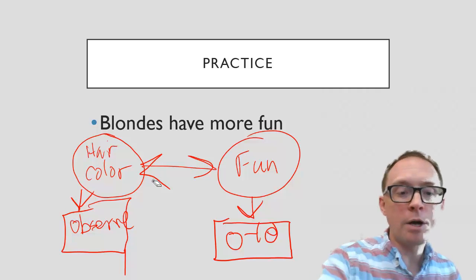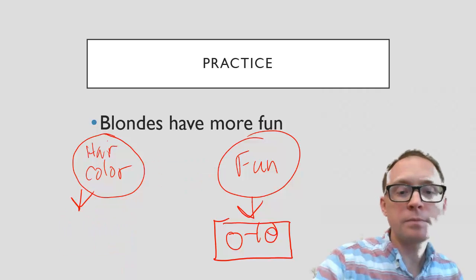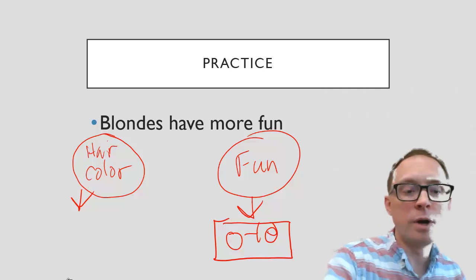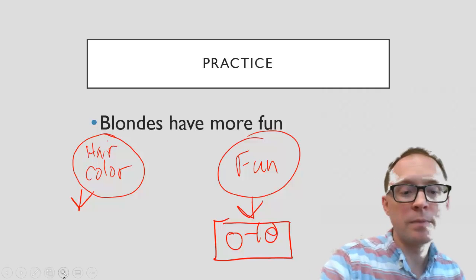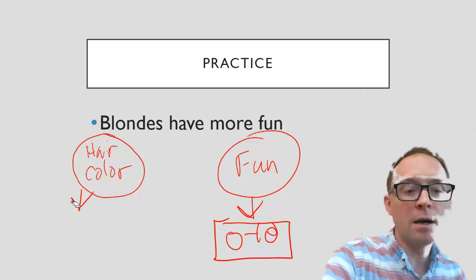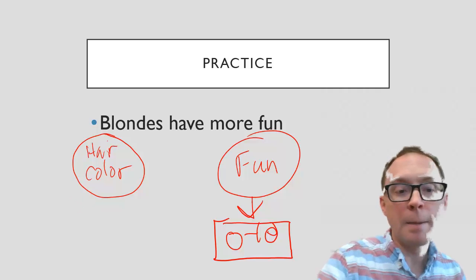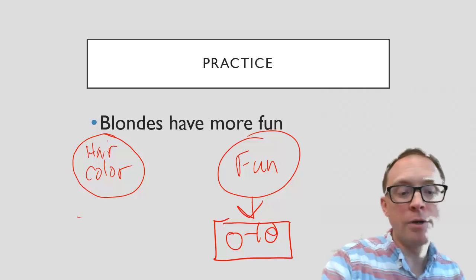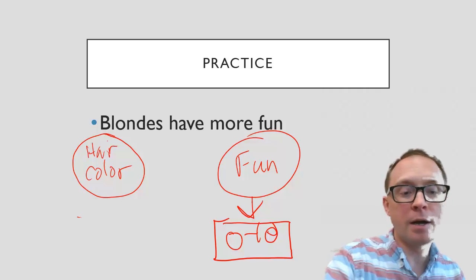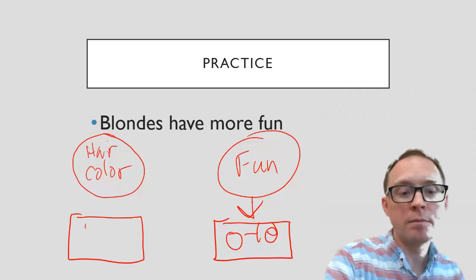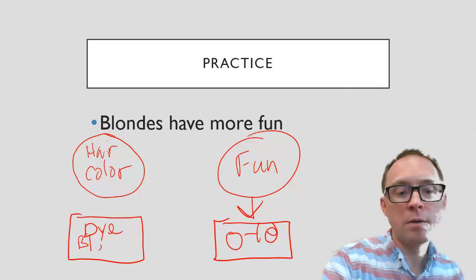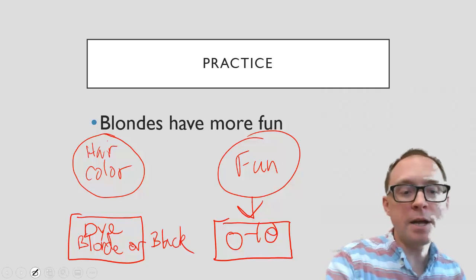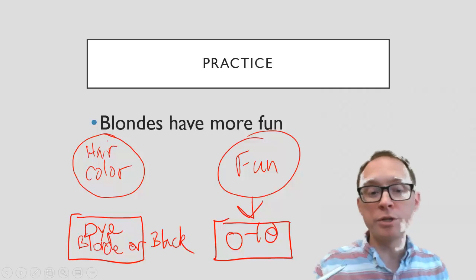Conversely, I can run an experiment with this. So instead of measuring your hair color, I could manipulate your hair color. I could dye it blonde, or let's just do black. If I dye your hair blonde or black, then I, the researcher, am changing it.